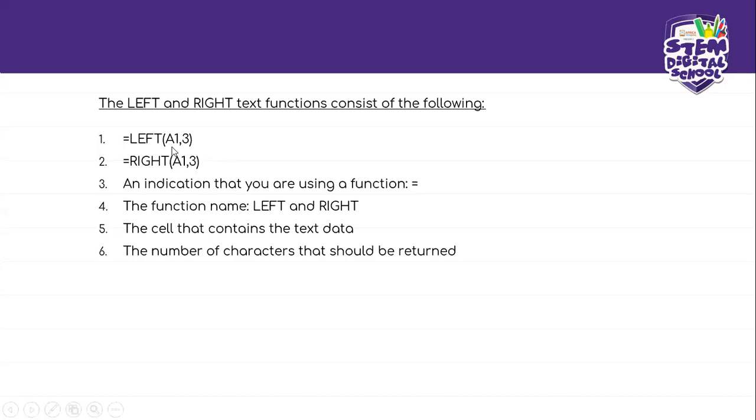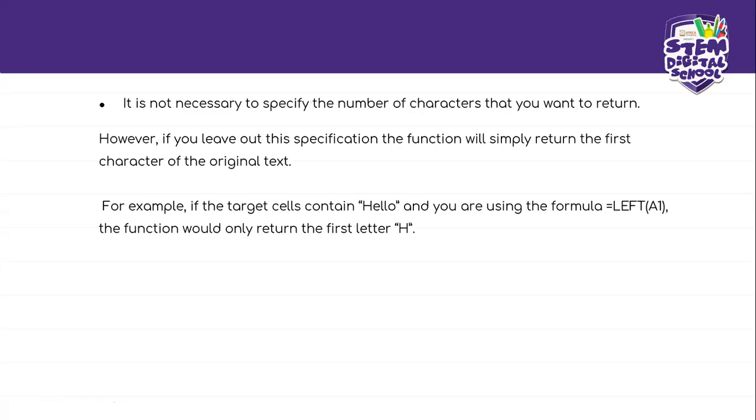This will return the first 3 letters on the left in cell A1. And then right will return the last 3 letters of what is there in cell A1. I'll show you just now. Okay, so let's see an example.